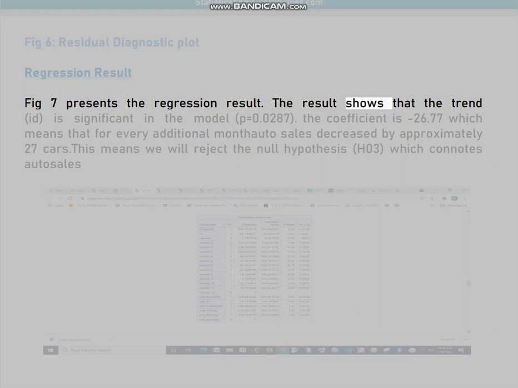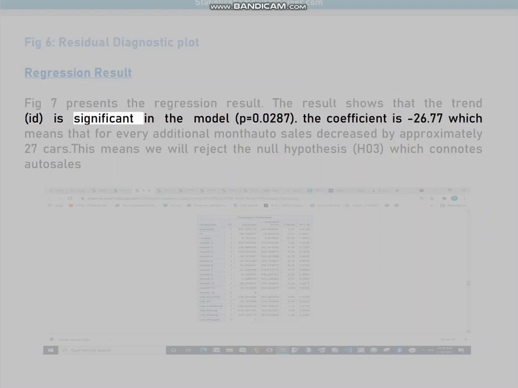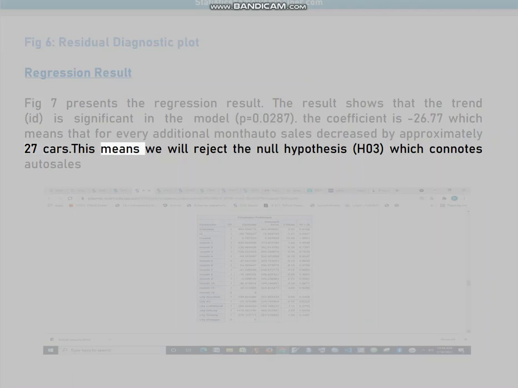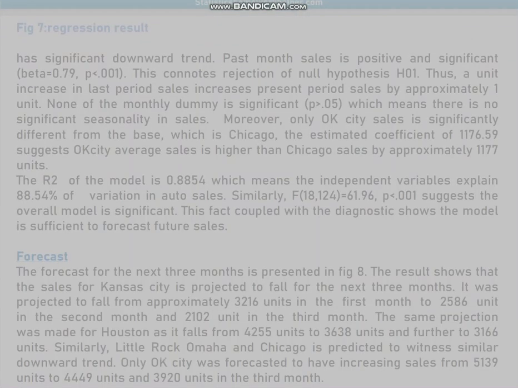The result shows that the trend, ID, is significant in the model, P equals 0.0287. The coefficient is minus 26.77, which means that for every additional month auto sales decreased by approximately 27 cars. This means we will reject the null hypothesis, H03, which connotes auto sales has no significant trend.